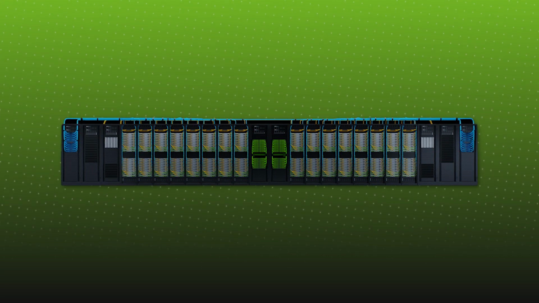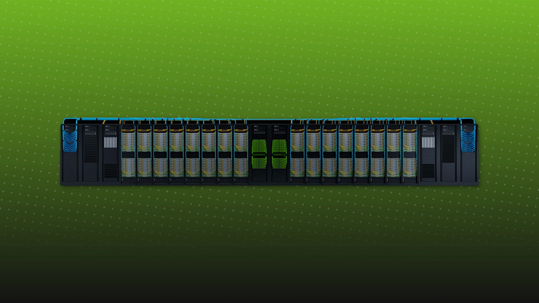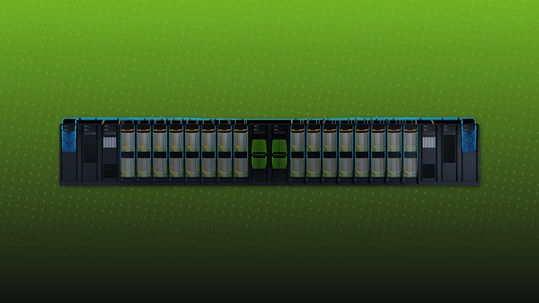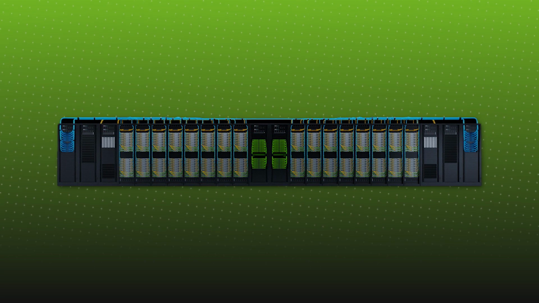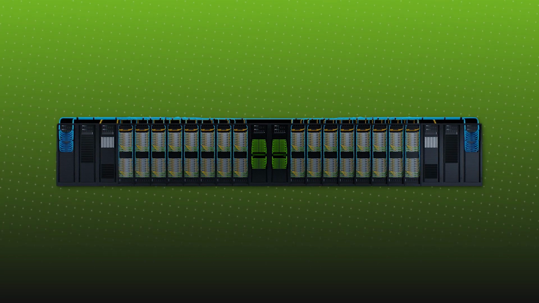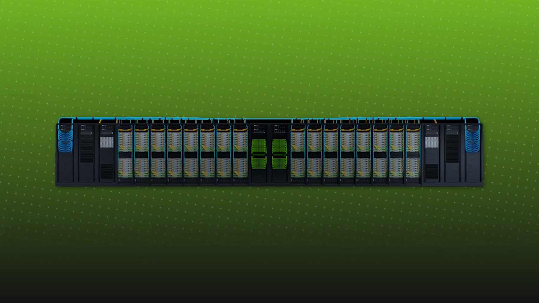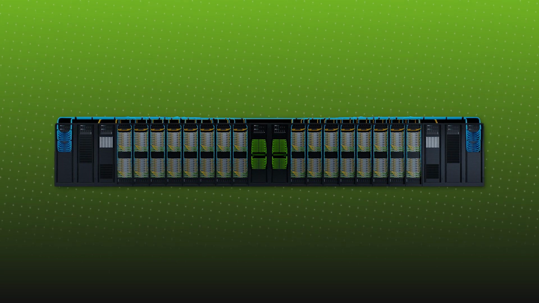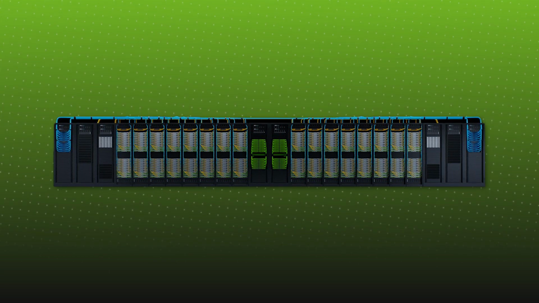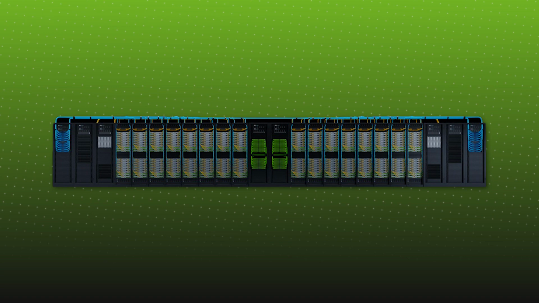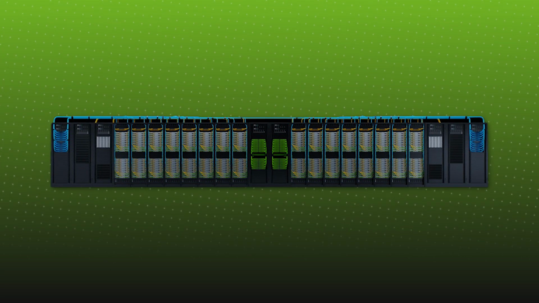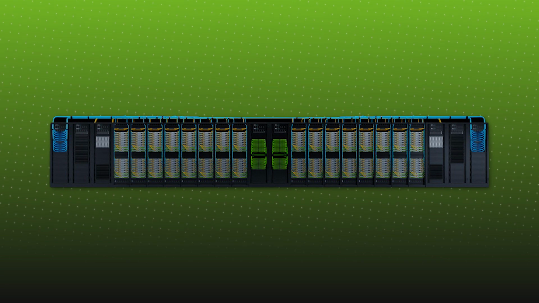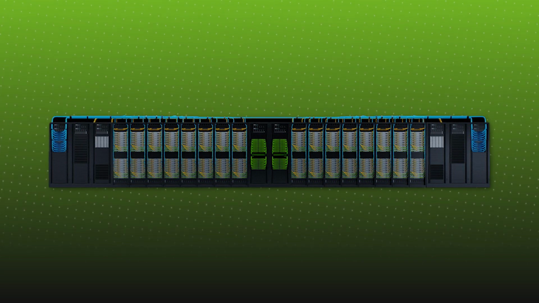It features 256 GH200 superchips linked by the NVIDIA NVSwitch system to form a two-level non-blocking fabric to fully connect the Grace Hopper superchips. So each GPU in a DGX GH200 can access the memory of all other GPUs and extended GPU memory of all NVIDIA Grace CPUs at an astonishing 900 gigabits per second.